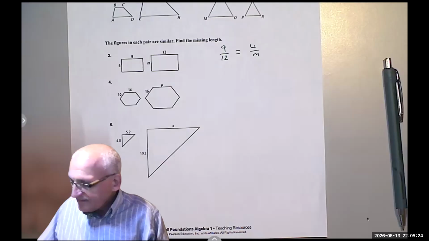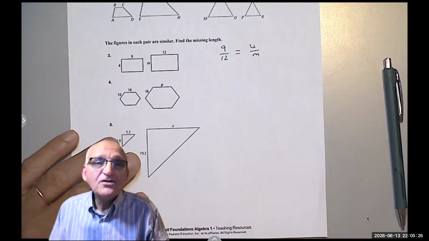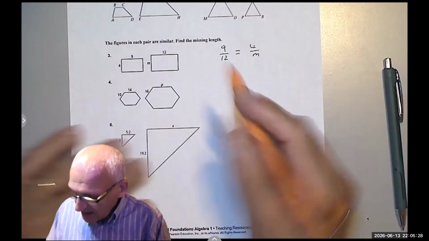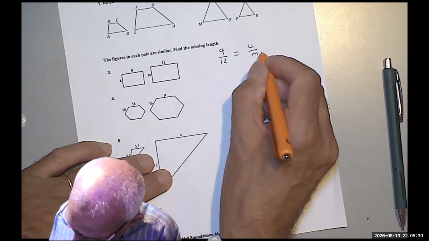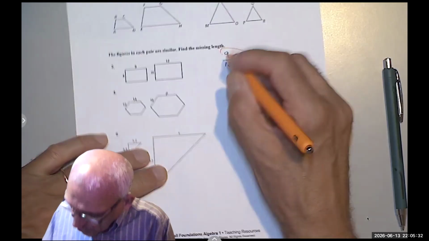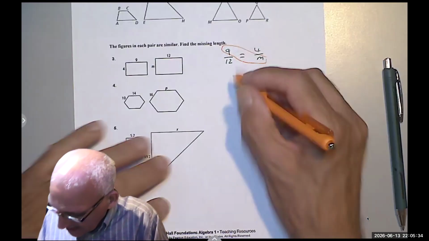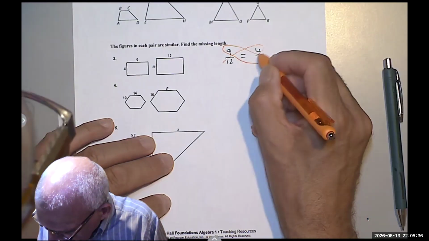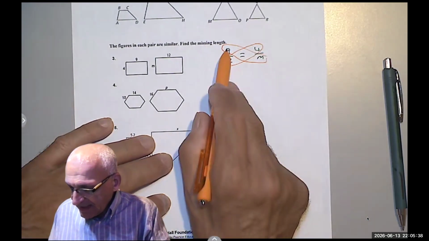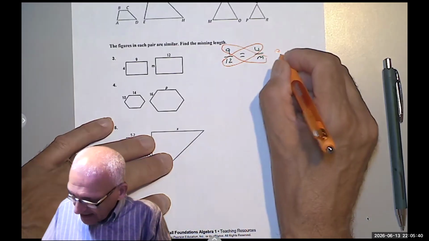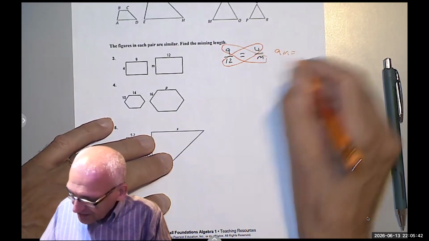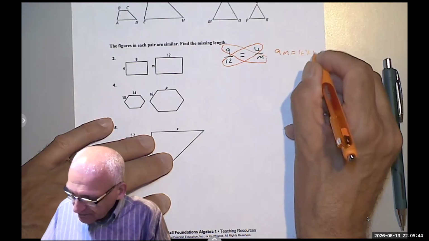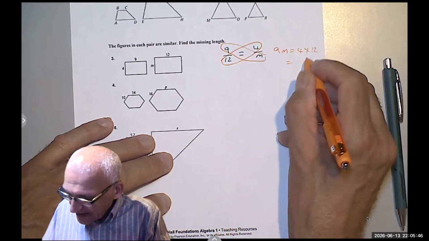But once you have this equation, we use the cross or the scissors. We are going to multiply these two. Some people call it the butterfly, because when you draw it, it looks like a butterfly. 9 times m, or 9m, equals 4 times 12, equals 48.